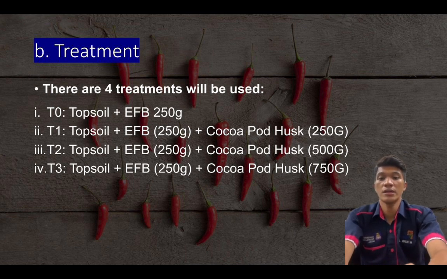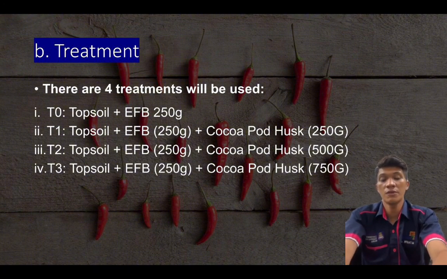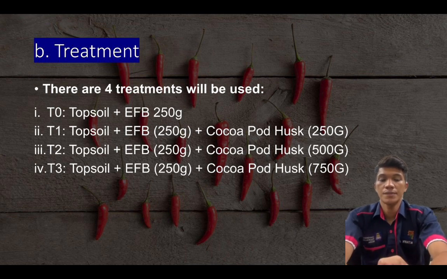Fourth is T3, topsoil plus EFB 250 gram plus cocoa pod husk 750 gram. As we can see, the difference I use is the cocoa pod husk quantity.